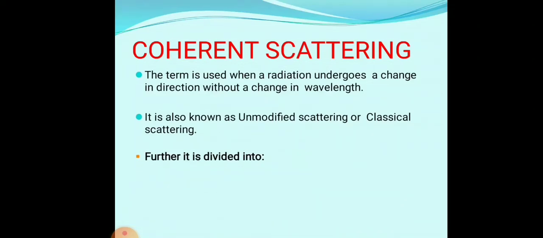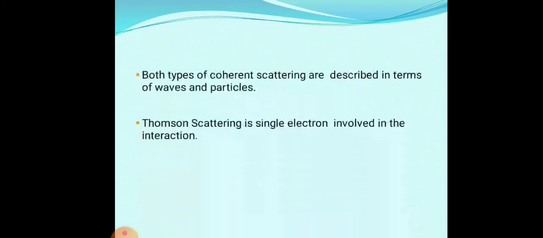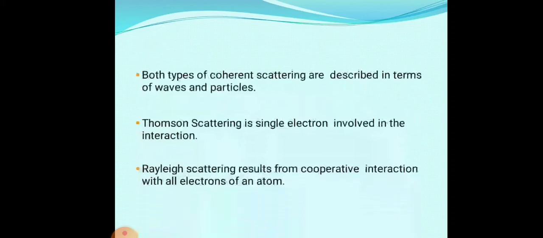Further, it is classified into two types. The first is Thomson scattering, and the second is Rayleigh scattering. Both types of coherent scattering are described in terms of waves and particles. In Thomson scattering, a single electron is involved in the interaction. Rayleigh scattering results from cooperative interaction with all the electrons of the atom.